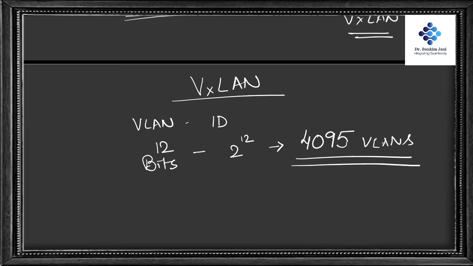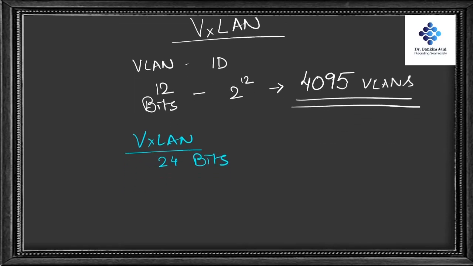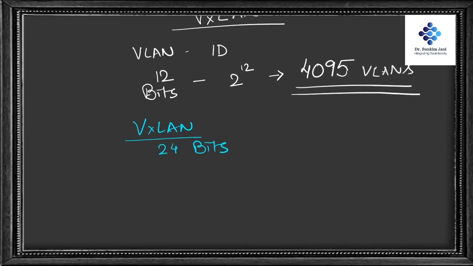In case of VxLAN, this is what is called scalability. From 12 bits we have now got 24 bits, and when you have 24 bits, obviously the number will jump to 16.7 million, 2 raised to 24, right?